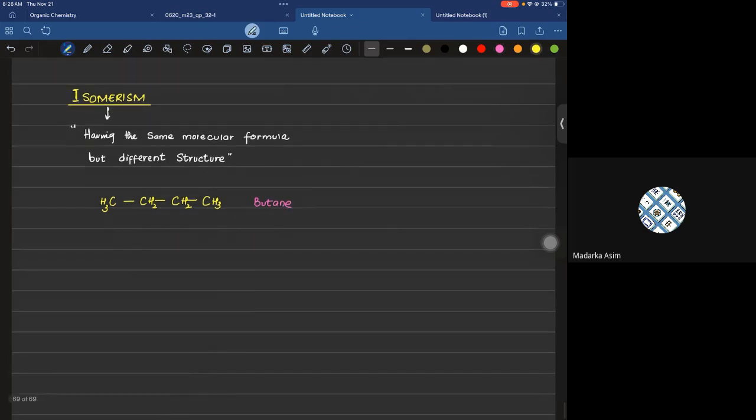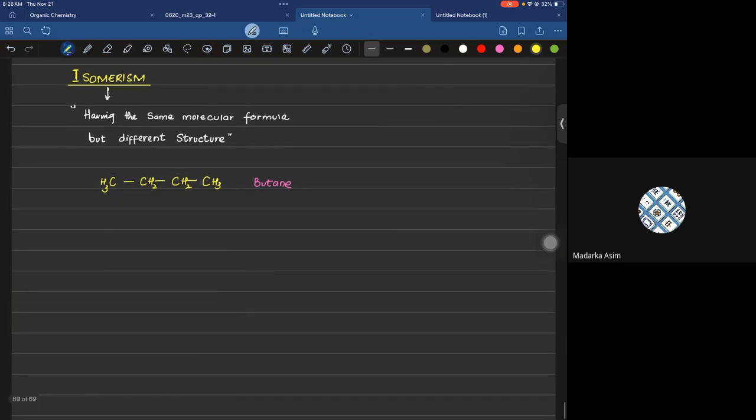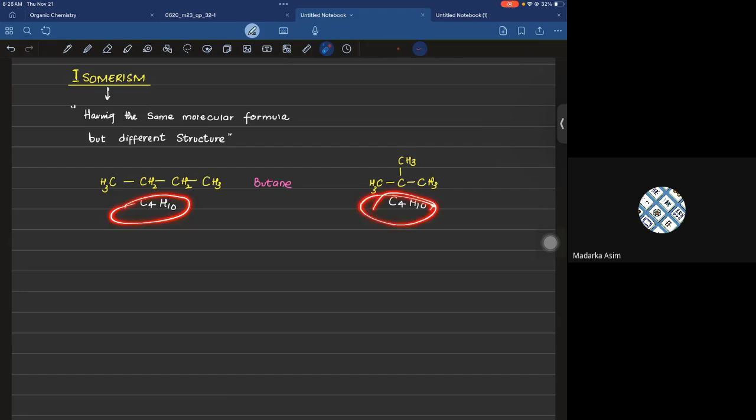I can also write this isomer, I can also write this structure in this manner. Now you can count. There are 4 carbons and 10 hydrogens. So the molecular formula is the same, but the structure is different.